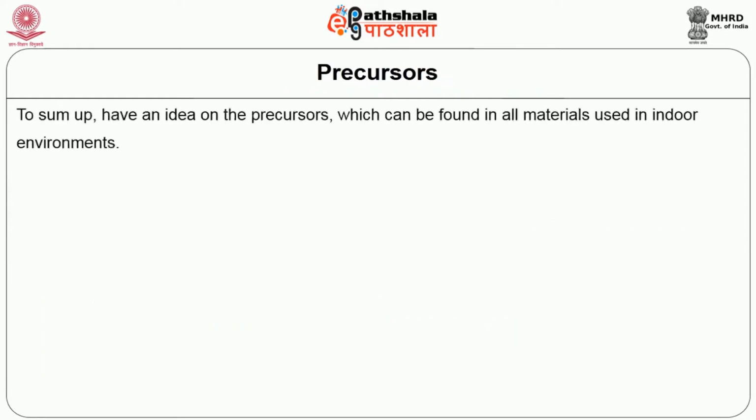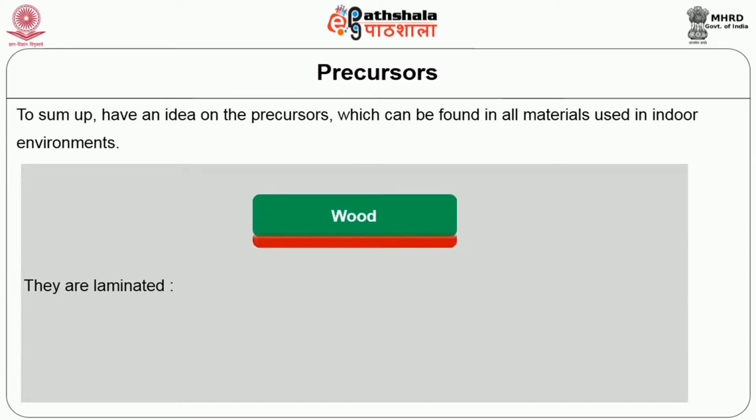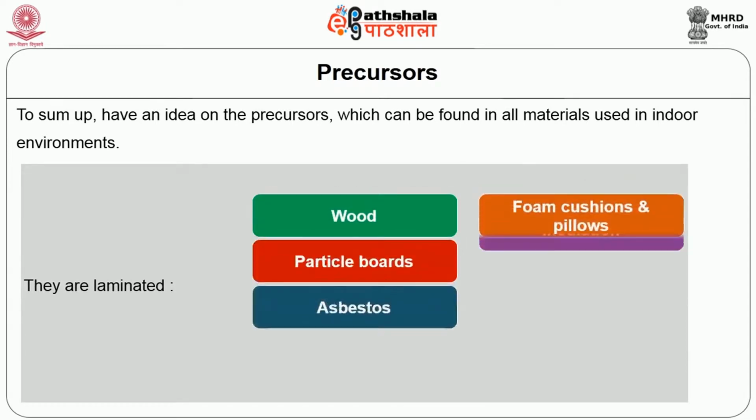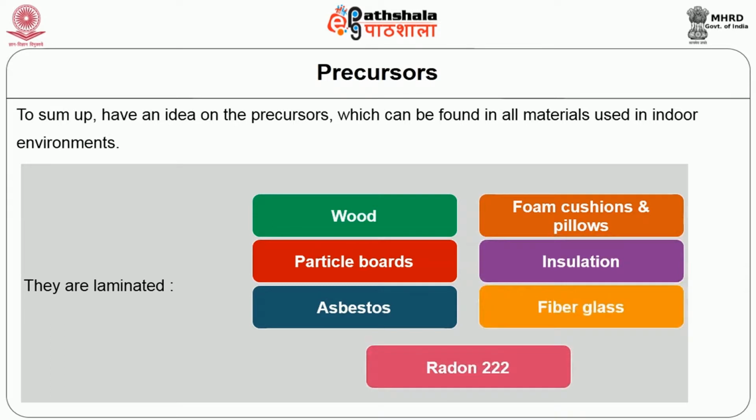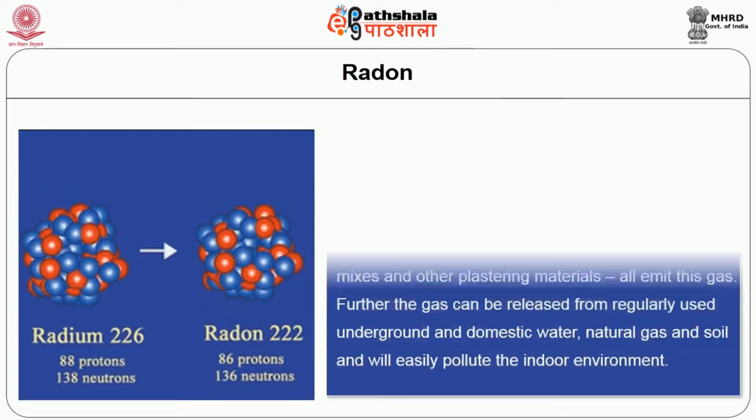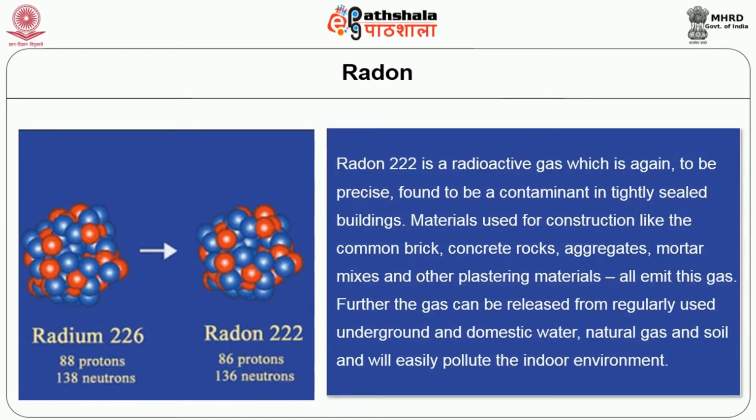To sum up, have an idea on the precursors which can be found in all materials used in indoor environments. They are laminated wood, particle boards, insulation, fiberglass, and Radon 222, which are the major pollutants. The most important one is radon. What is this radon? Radon 222 is a radioactive gas which is, again, to be precise, found to be a contaminant in tightly sealed buildings.